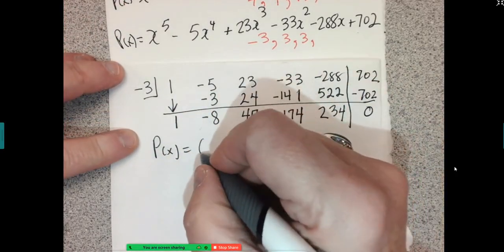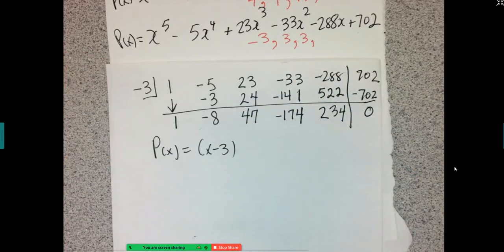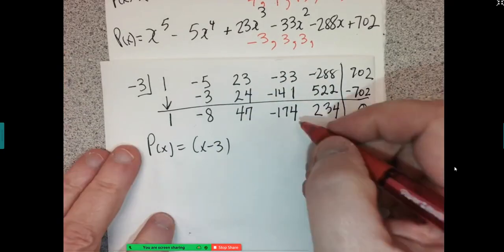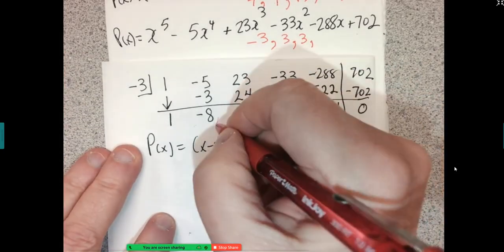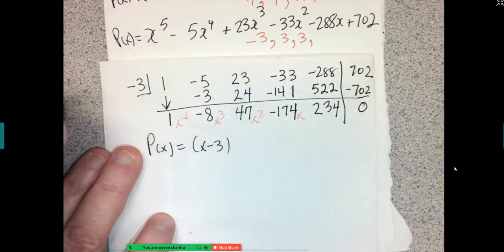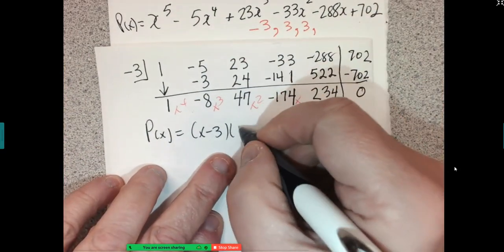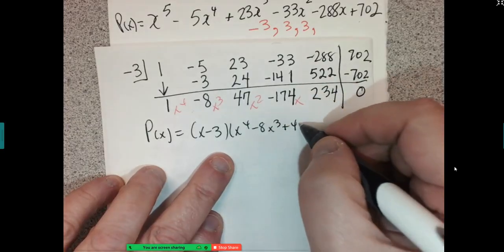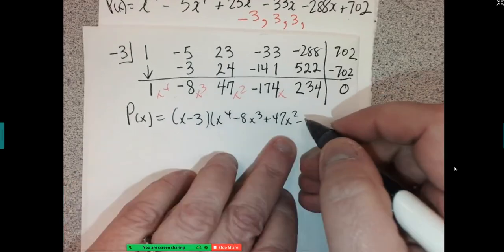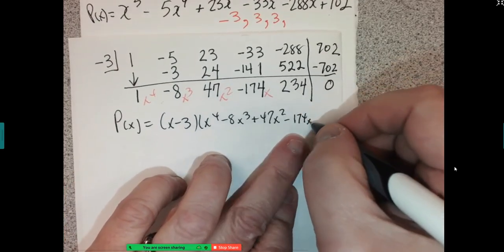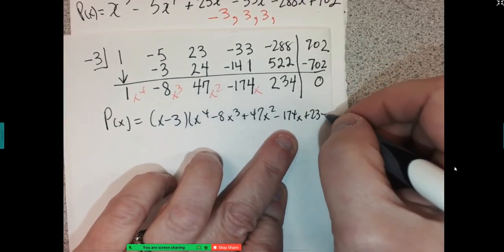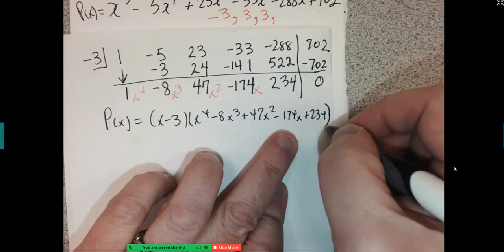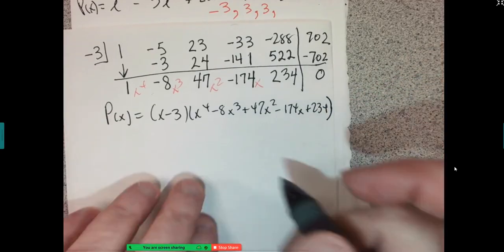x minus the number in the box times the quotient, plus a remainder, which is 0.